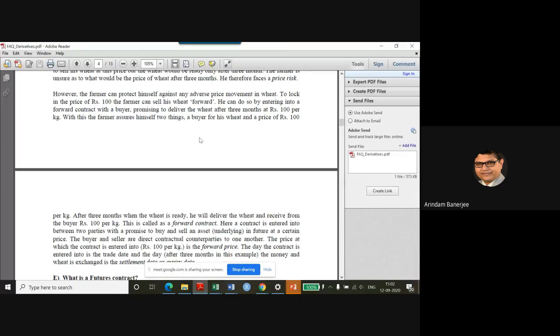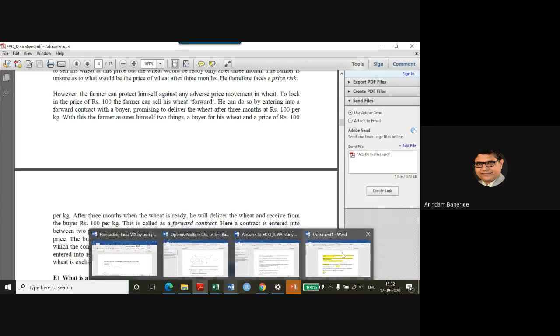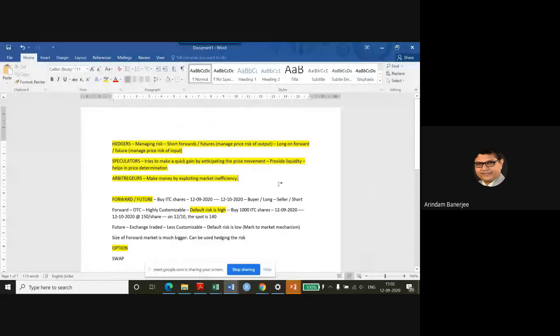Now, coming back to this example, suppose this farmer wants to protect his sell price or his input cost. So he wants to protect his sell price. He is actually facing a price risk on output.